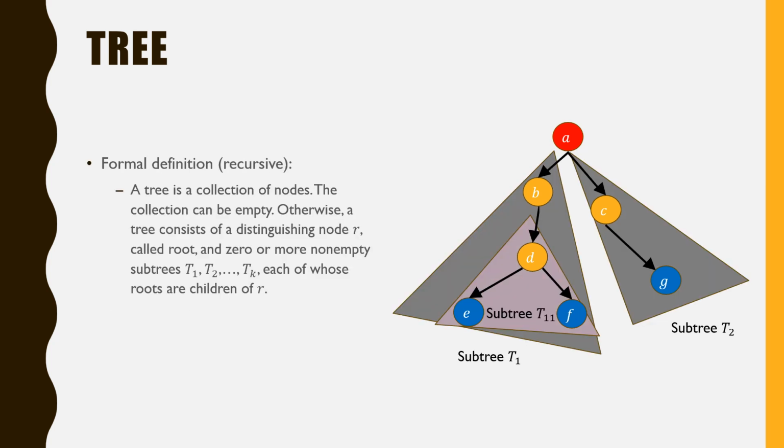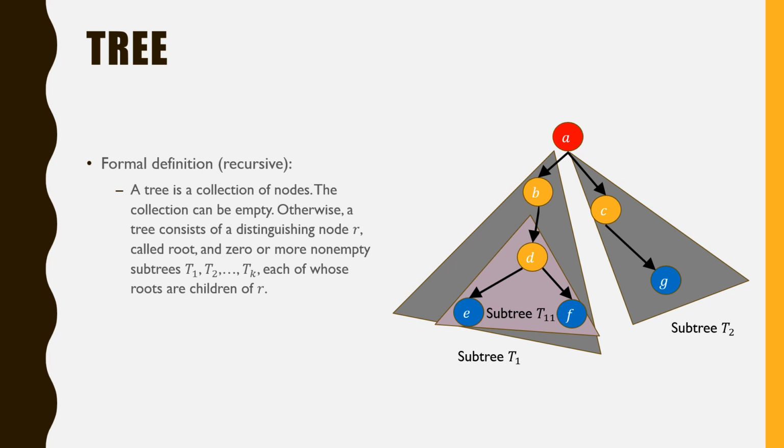With the basic concepts in place, we can now formally define the tree data structure. A tree is a collection of nodes, which may be either empty or non-empty. If the collection is non-empty, it contains a distinguishing node called the root, denoted as R, and 0 or more non-empty subtrees whose roots are children of R. It is important to know that this definition is recursive.